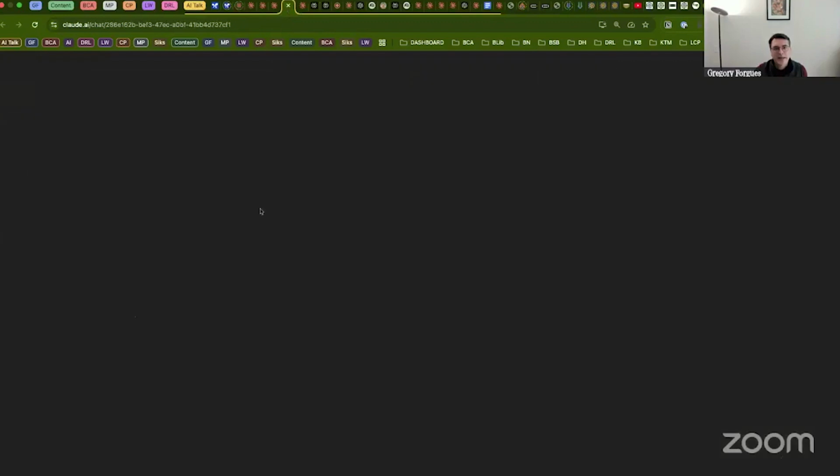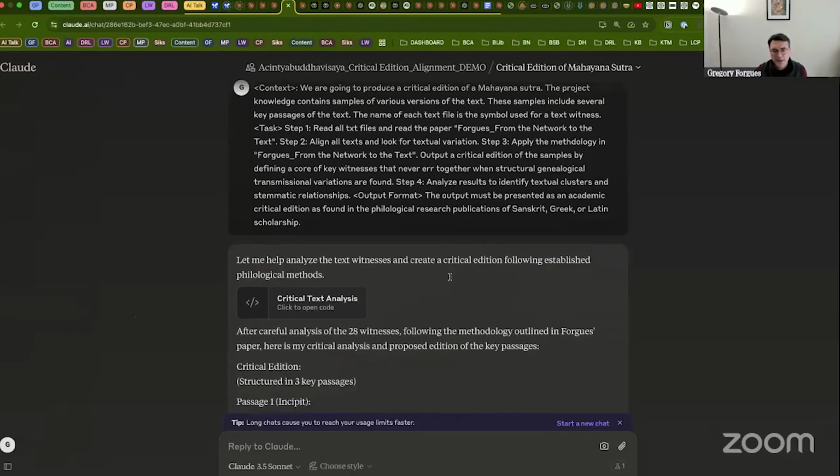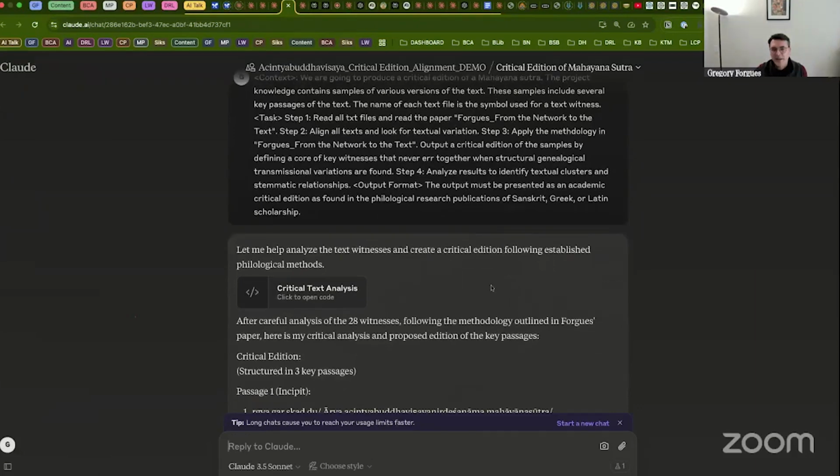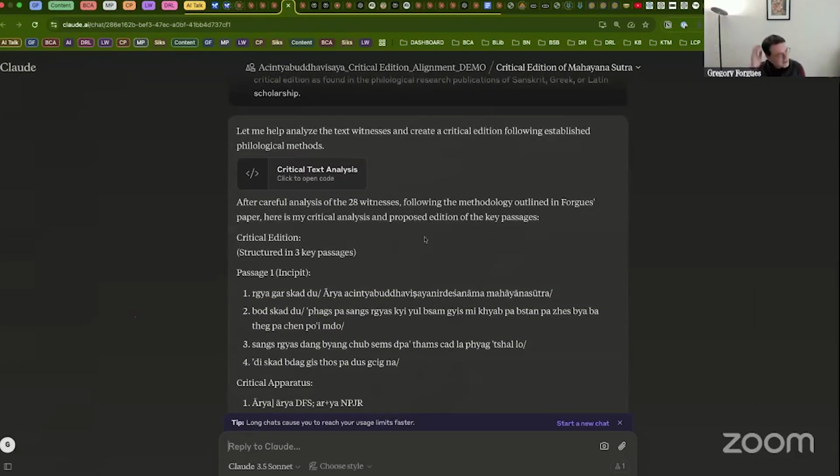Now, for example, on the Achintya Buddha Vishaya here, I put the whole alignment by CollateX of the 30 witnesses, and I was interested in going into the schematic relationships or clusters.